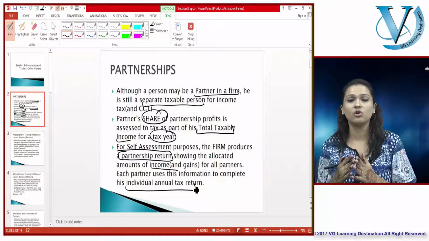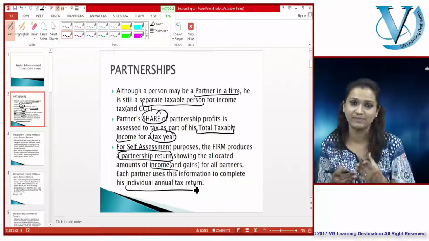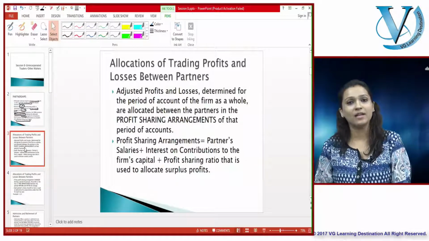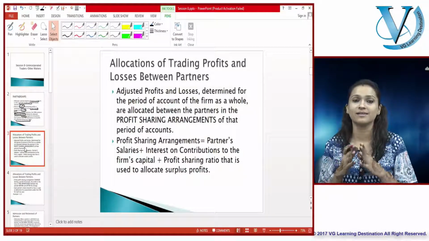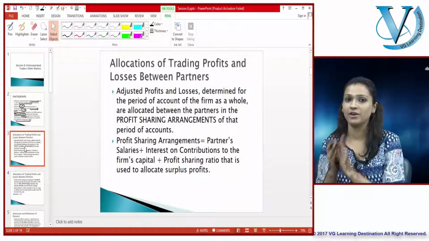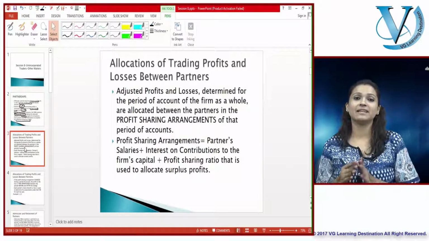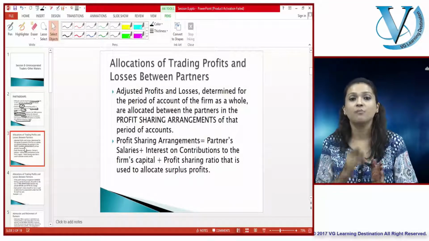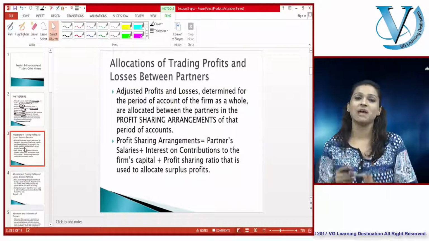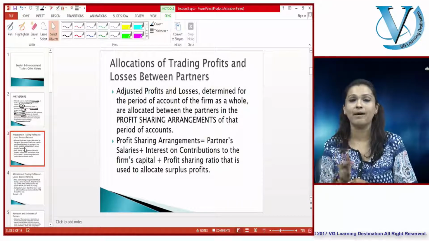So now let's have a look at the rules with respect to allocation of trading profits and losses between the partners in a partnership firm. When I'm talking about profits and losses, like I said, definitely they get split amongst a profit sharing ratio which is decided upon at the time of admission of a particular partner itself.